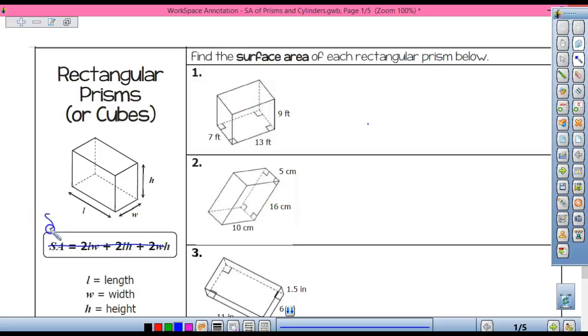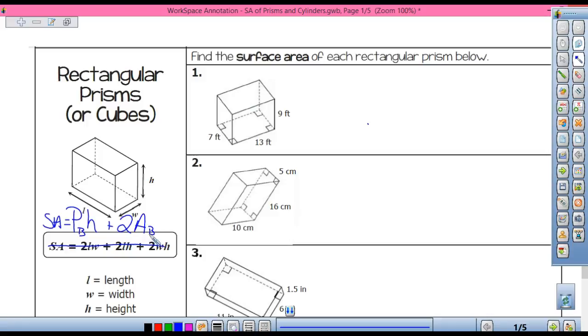And that is surface area equals perimeter of the base, I just put a little sub B there so that I know it's of the base, times the height. The perimeter of the base times the height. This is on page 21. Plus 2 times the area of the base.